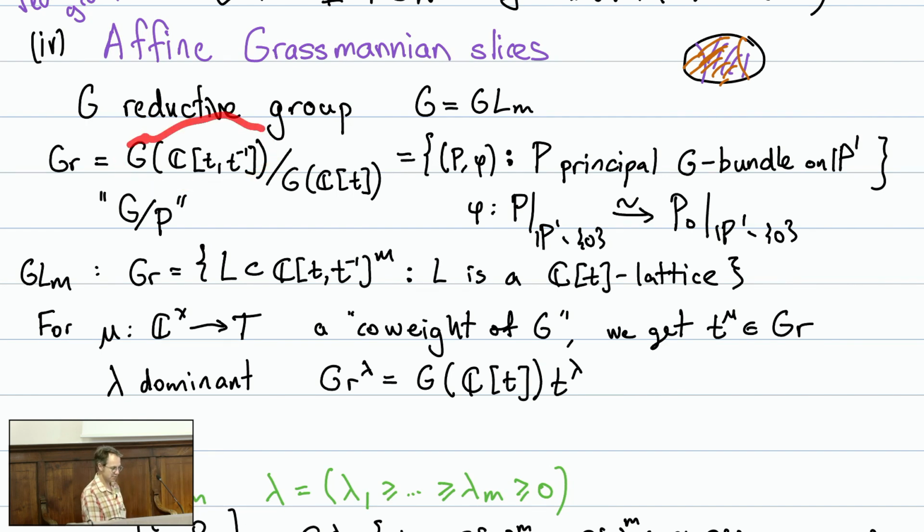This group is the same as the group of maps from C star to G. So comparing my trivializations on this C star, I get an element of this group. But to make that comparison, I had to pick the brown thing, which was a trivialization on P1 minus infinity. So then I have to mod out by the choice of that trivialization on P1 minus infinity, which is this subgroup. So that's the reason for this equality, heuristically.